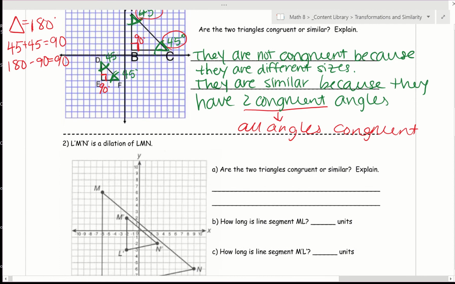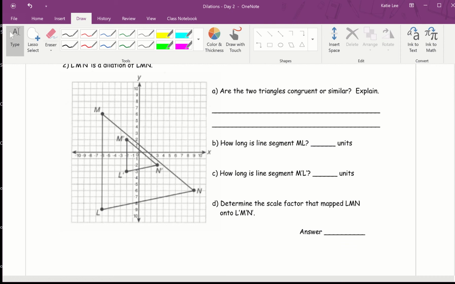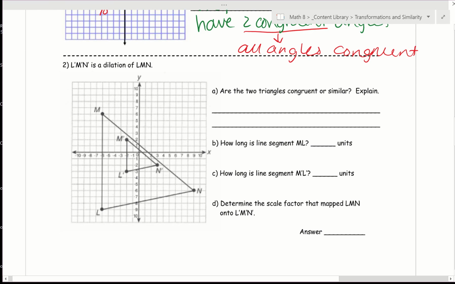Okay, let's move on. L prime, M prime, N prime is a dilation of LMN. Are the two triangles congruent or similar? Well, let's see. They don't really tell us any angle measures, so we'll have to see if we have a scale factor.